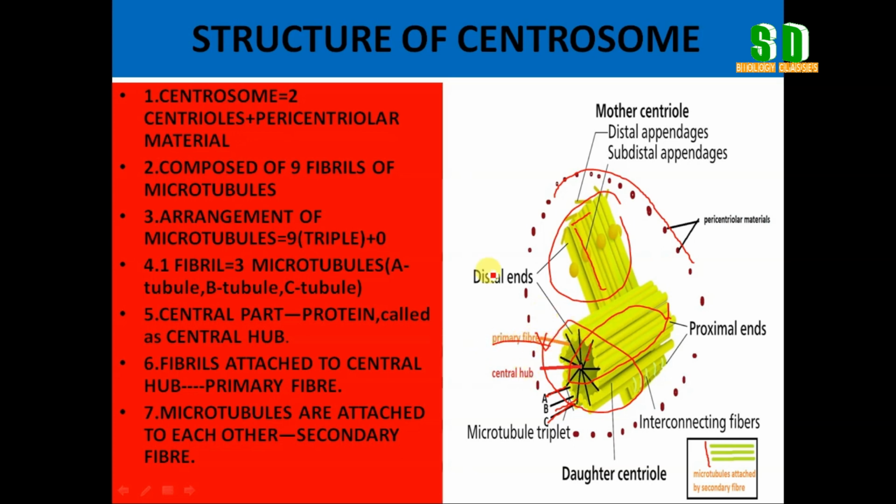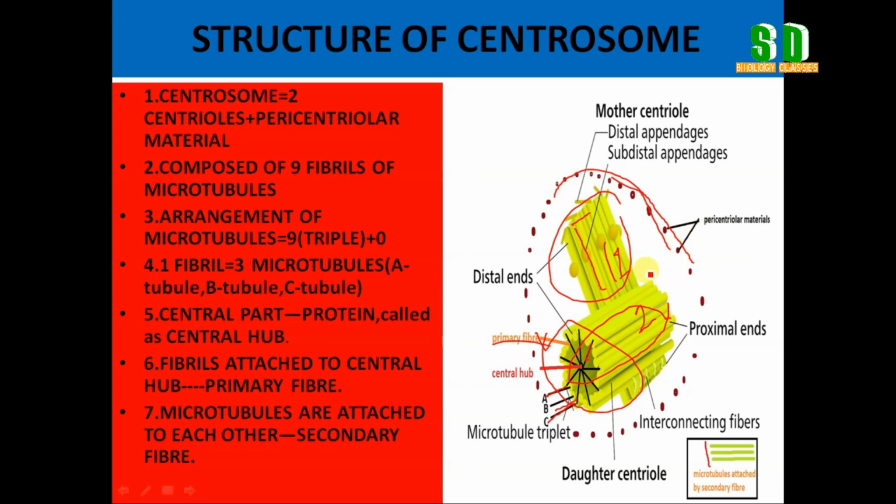So here I am describing the structure once again. The centrosome is made up of 2 centrioles. This is number 1 and number 2. The centrioles are arranged at a 90-degree angle to each other, and are surrounded by pericentriolar materials.